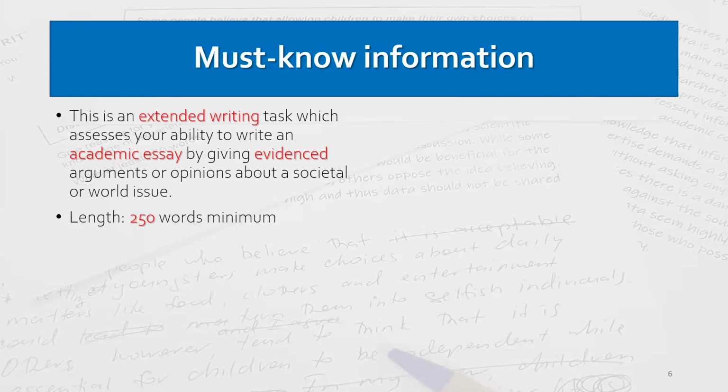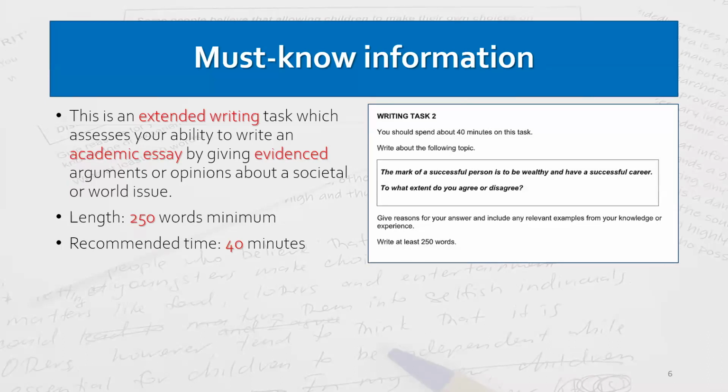But you have to produce a piece of 250 words in about 40 minutes if you want to succeed in the IELTS writing paper. So let me just remind you that you have an hour to finish the whole writing paper. And the writing paper is divided into two tasks. Task 1, information report, and Task 2, essay or extended writing task.